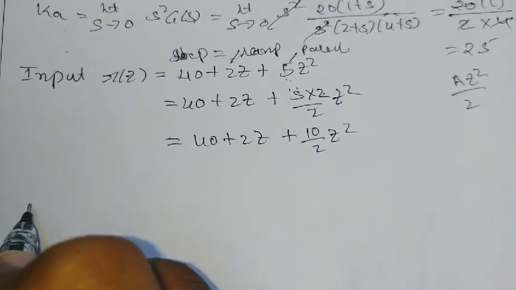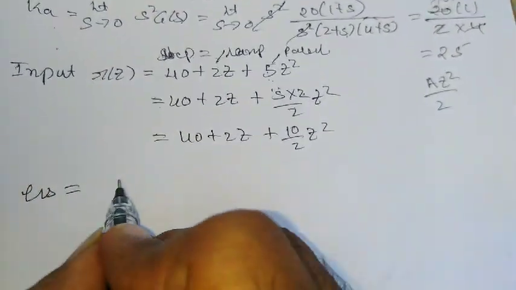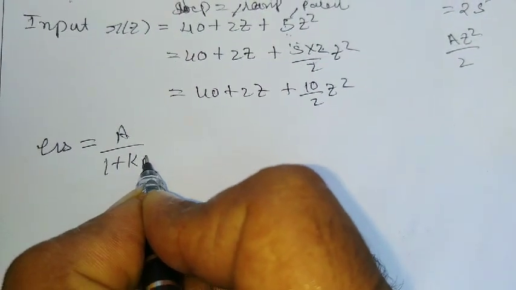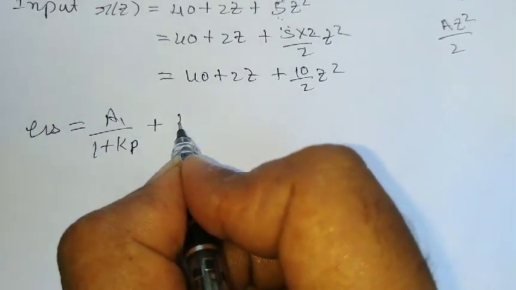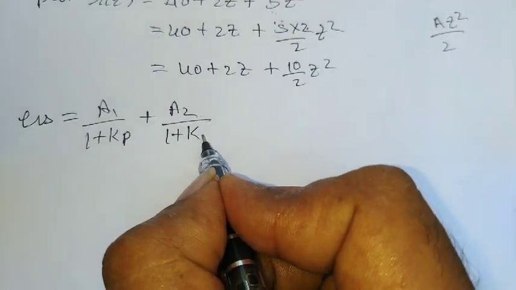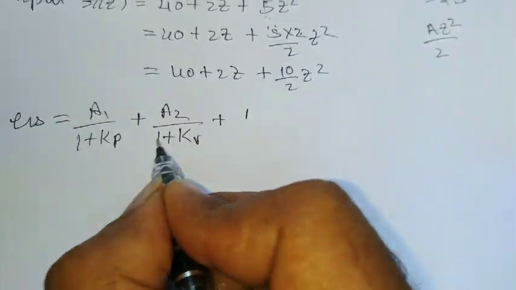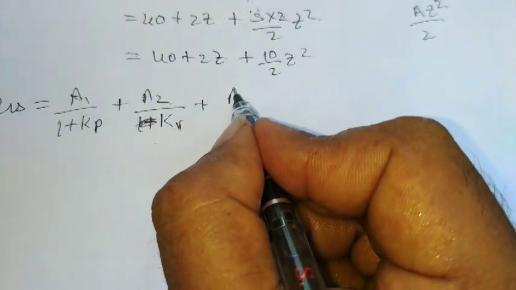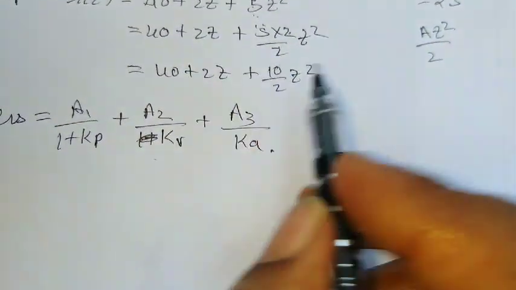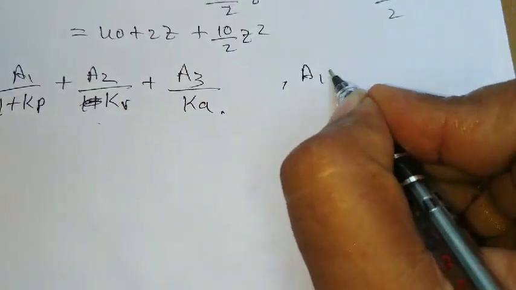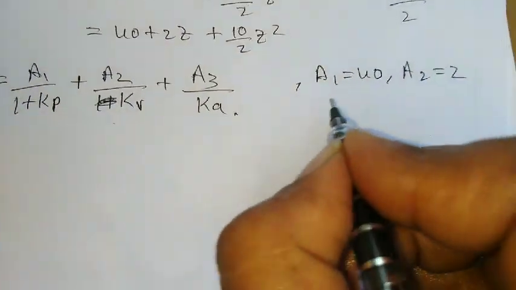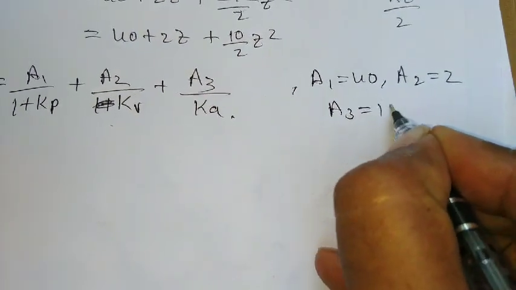Now my ESS is given by a1 by 1 plus Kp, plus a2 by Kv, plus a3 divided by Ka. So from this we can say a1 is 40, a2 is 2 and a3 is 10.